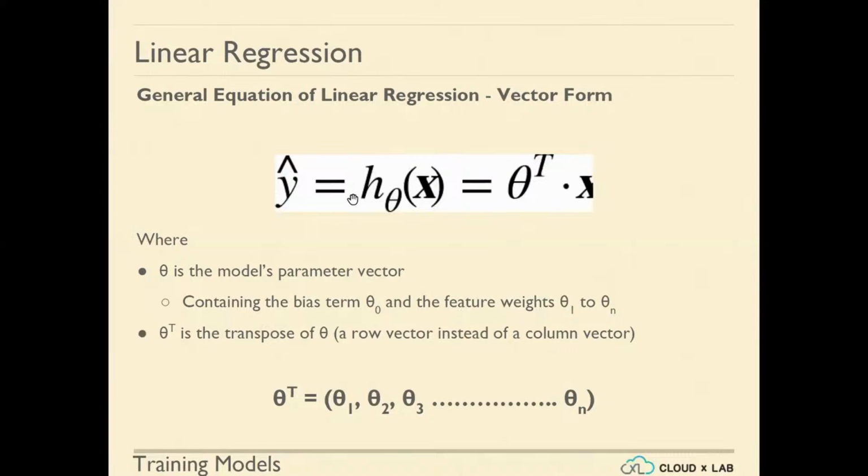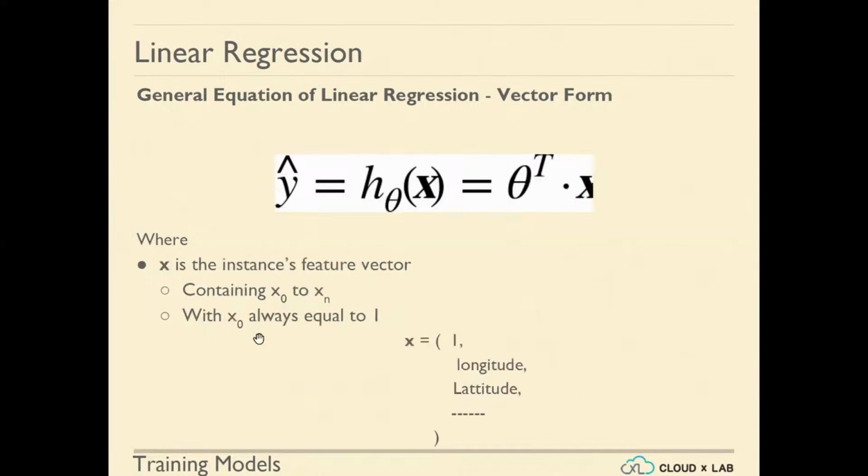Okay, so here this H is called the hypothesis, and this H theta we are using for the model theta, right? So yes, this slide I have already explained, right? How can we perform this dot product of theta and x?